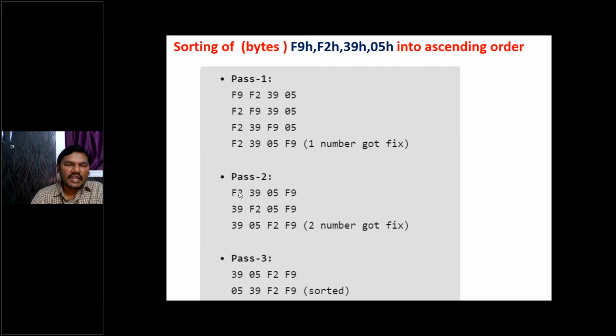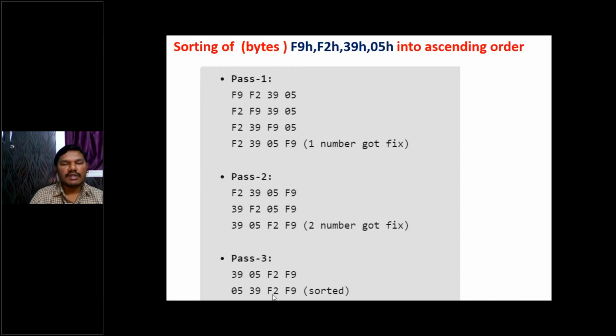Next pass, you see I have taken F2, 39, 05 and F9. Now F2 is compared with 39; F2 is greater than 39, so they swap. Again F2 is compared with 05; F2 is greater than 05, so they swap. Again F2 is compared with F9; F9 is greater than F2, so it will not change.